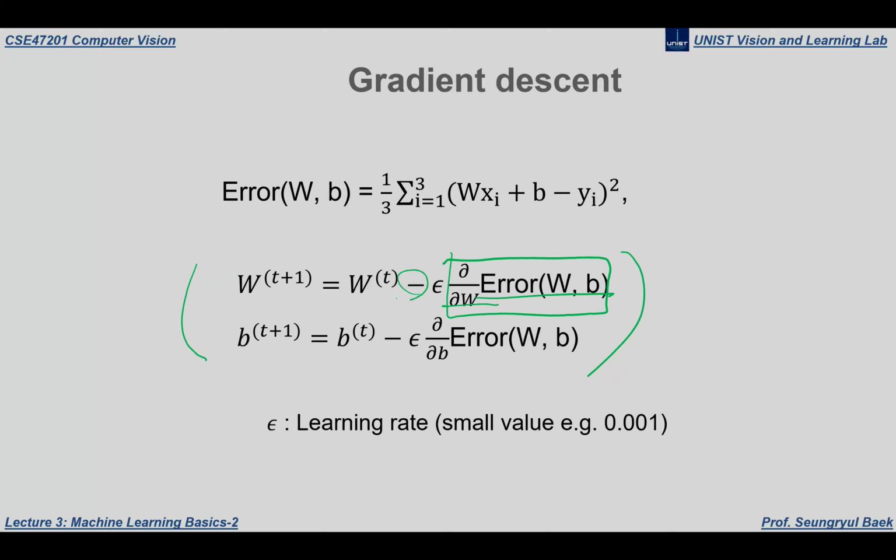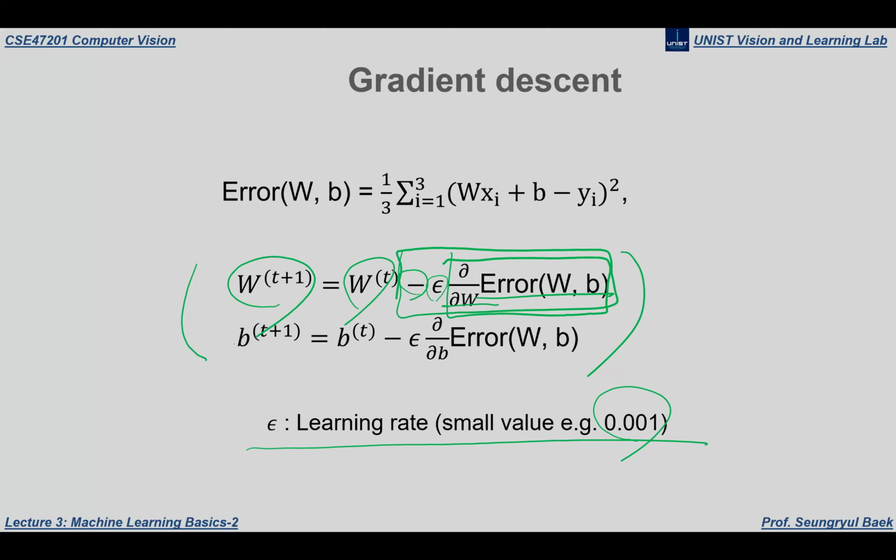This epsilon indicates a very small value, like 0.001. You update the previous w in this direction, and that becomes the new w at time t plus 1.